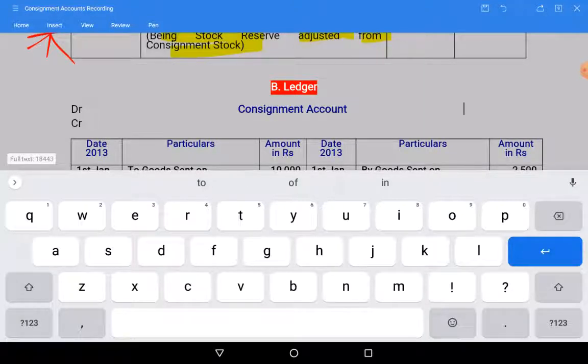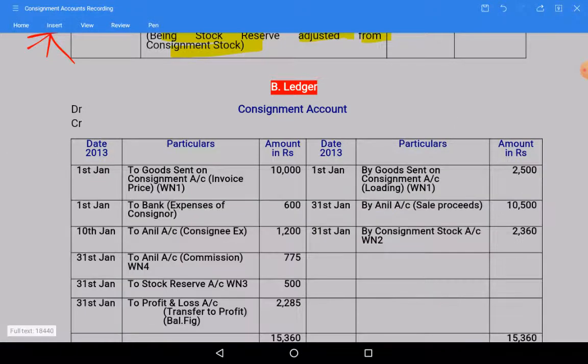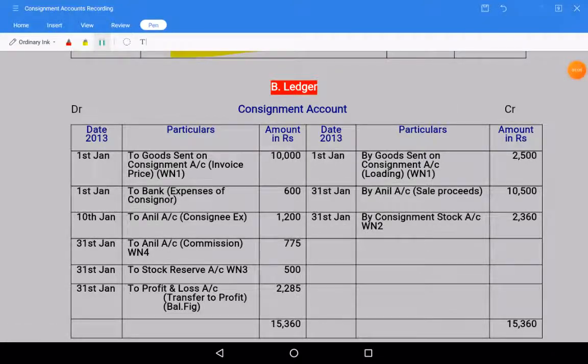So debit side, credit side. So here we continue the ledger accounts in the books of Kanzanar Badri.